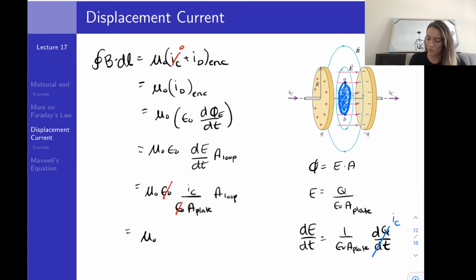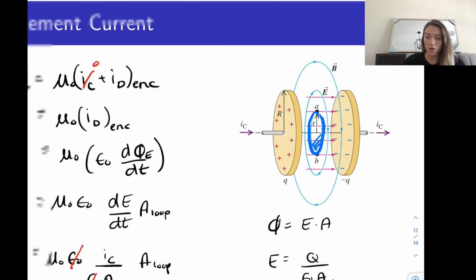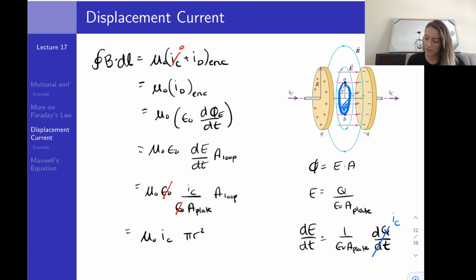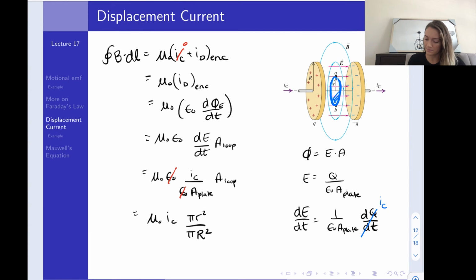So we've still got a mu naught, we still have an I sub C, but now our area of the loop is going to be pi r squared, with little r, right? Because we said that our Amperian loop was at some distance r here, so that's going to be little r, and then divided by the area of the entire plate, that's going to have capital R. So we have two different r's here we have to be careful about.